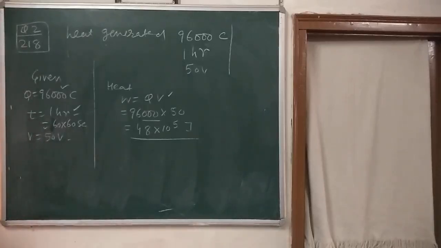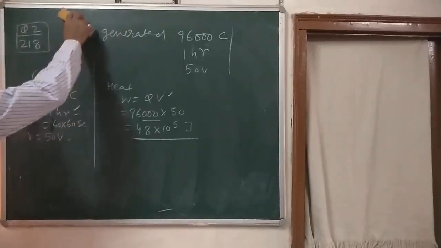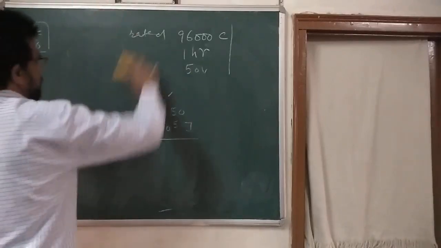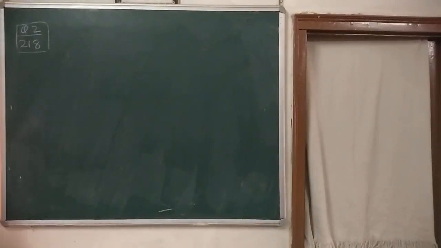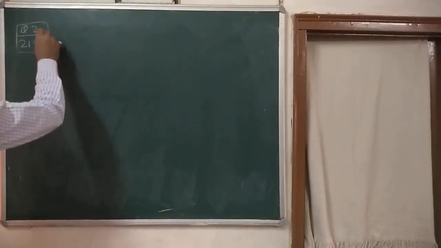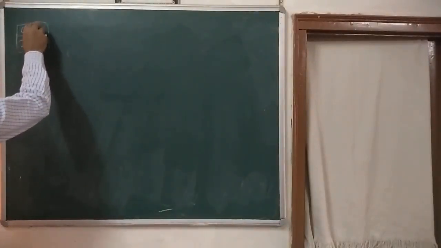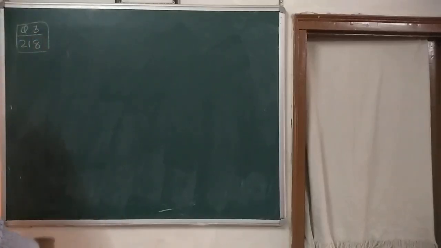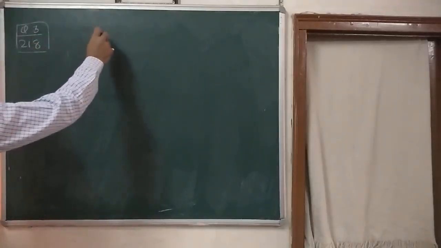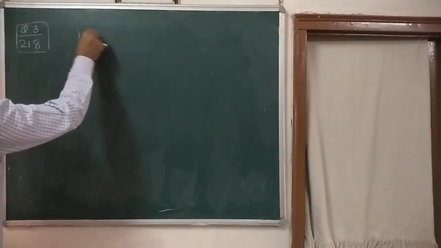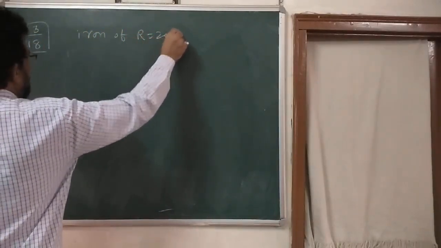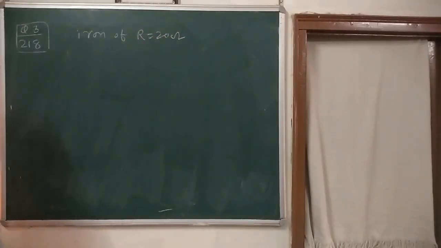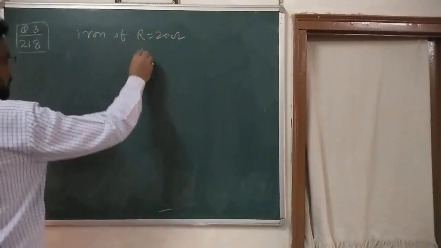Now we are taking another example, another question. See question number 3 of the same page 218. An electric iron of resistance 20 ohm takes a current of 5 ampere.